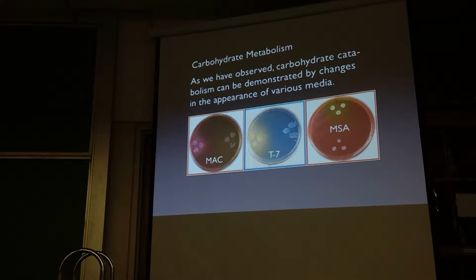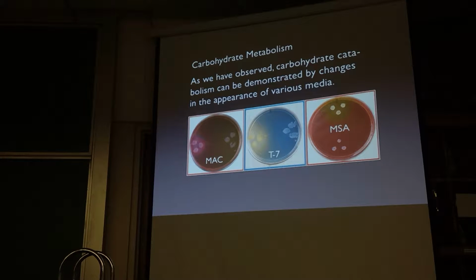So carbohydrate catabolism is often associated with a change in color because of pH indicators. The MacConkey's agar, what's the carbohydrate in there? You need to know that. Lactose. The same is true for Chapman T7, both MacConkey's and T7.